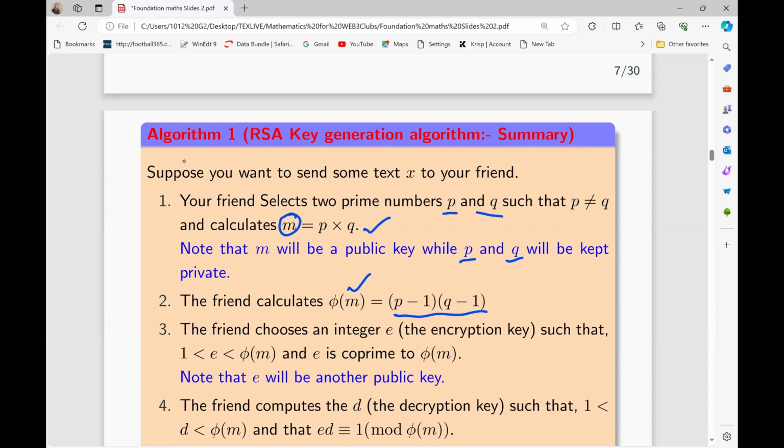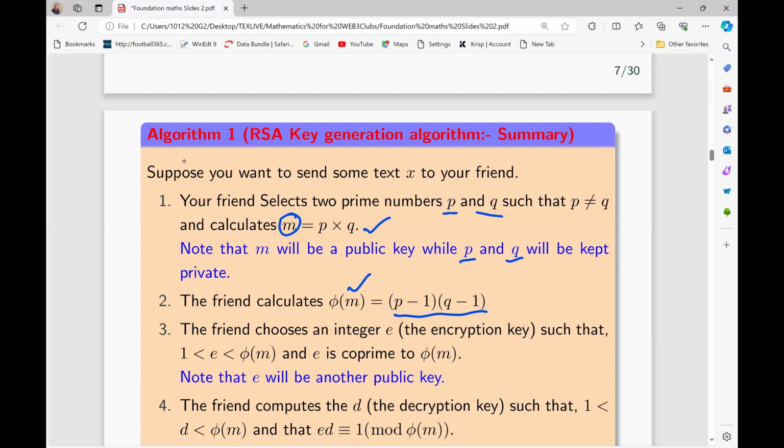Then after that, your friend chooses a number which is relatively prime to phi of M. That one the friend just chooses, he doesn't calculate.